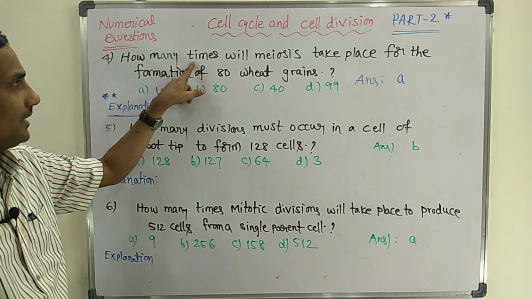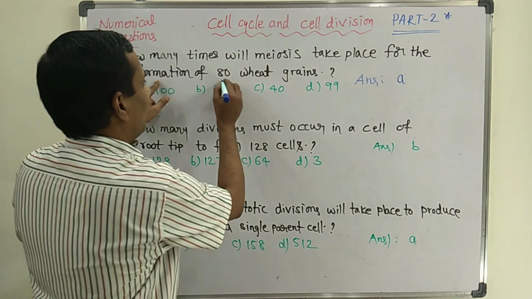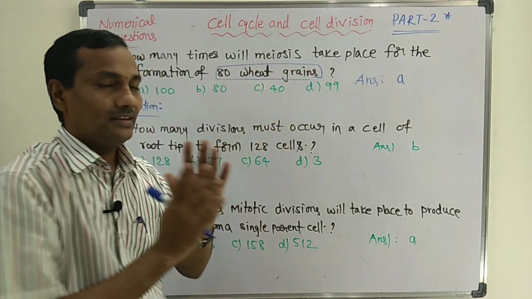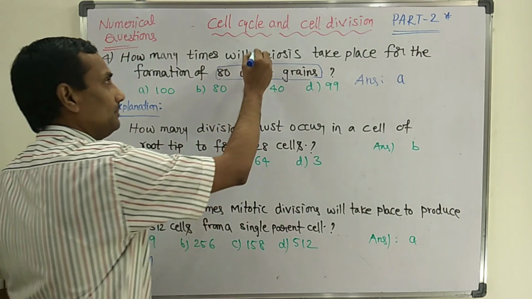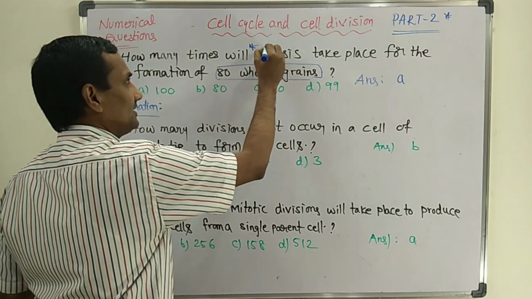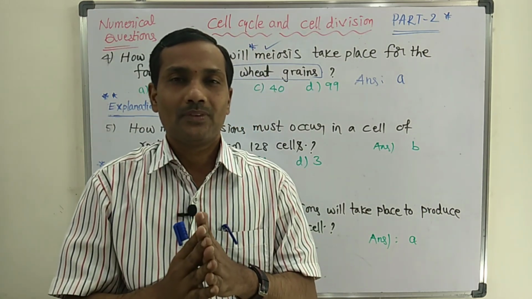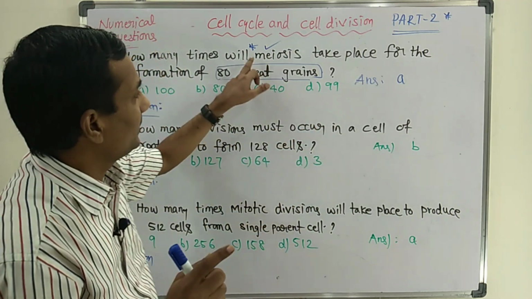How many times will meiosis take place for the formation of 80 wheat grains? They are asking, for the formation of 80 wheat grains, how many reductional divisions are required? If a question like this comes, you have to follow one formula for meiotic divisions.